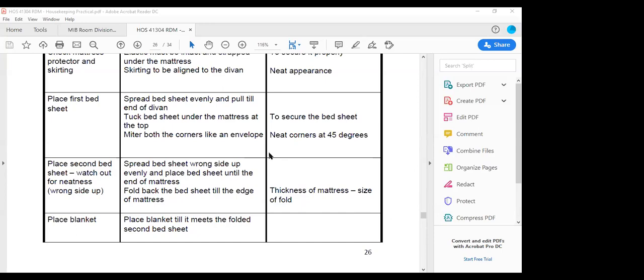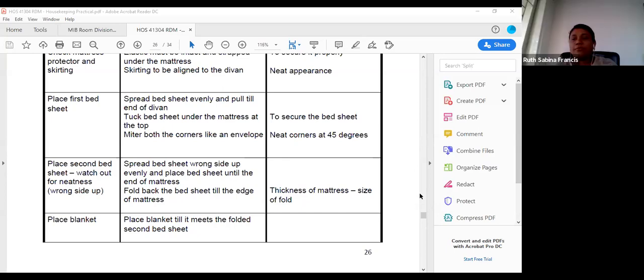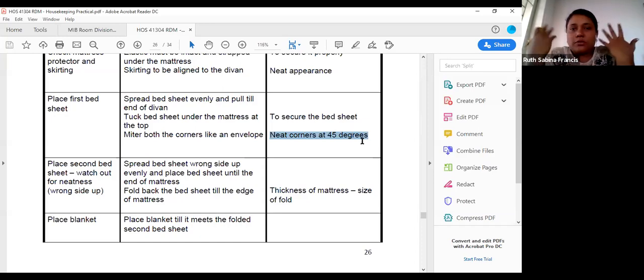Yeah. So, because you've come for the class and you're awake, now tell me, why do you need to fold the first bed sheet with neat corners at 45 degrees? Have you wondered when you've done your bed making, why should I do the mitre corner at the corners, and why it's a 45-degree angle? Who taught you bed making?